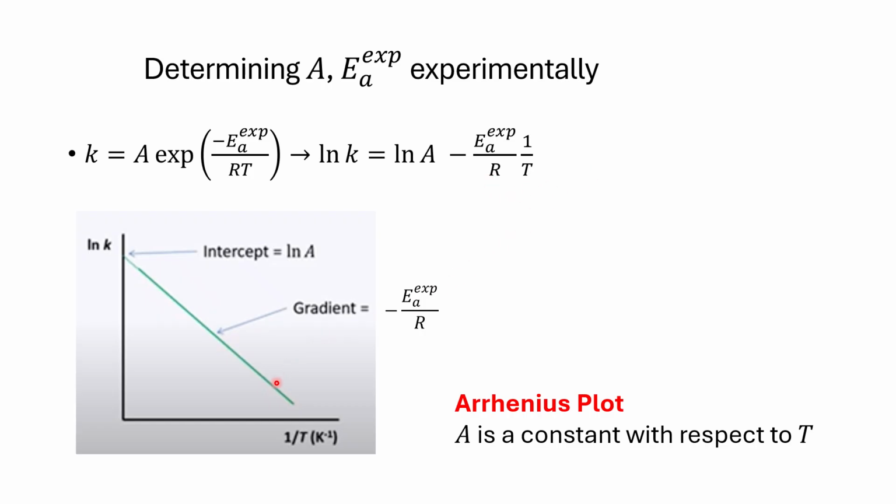The Arrhenius plot graphs ln k versus 1 over T. The gradient, or the slope, of this plot will give us minus Ea over R, whereas the intercept will give us ln A. We treat the pre-exponential factor A as a constant with respect to temperature in this traditional empirical approach.